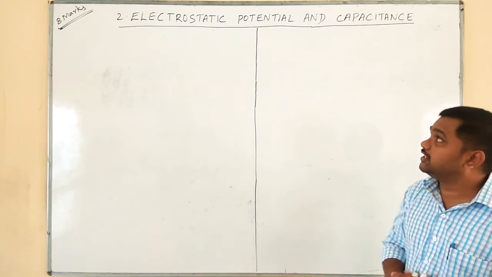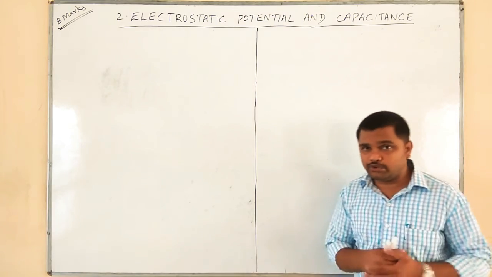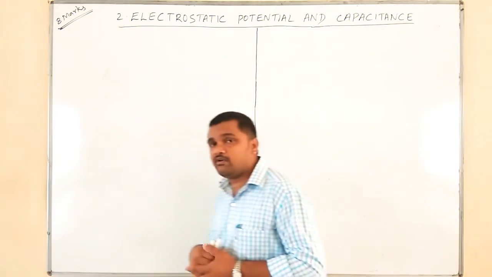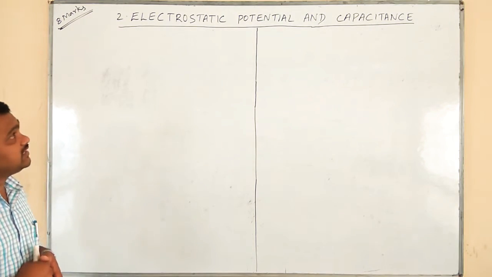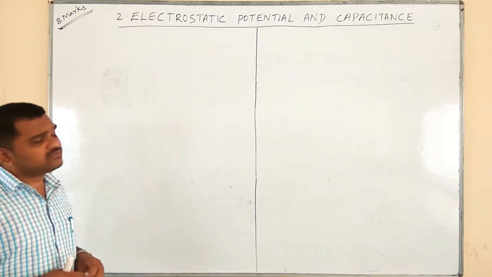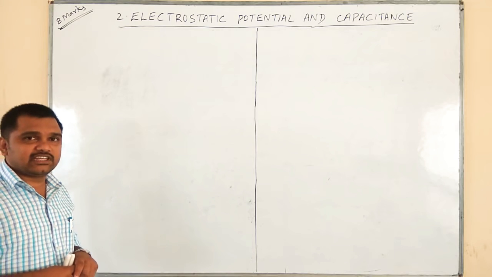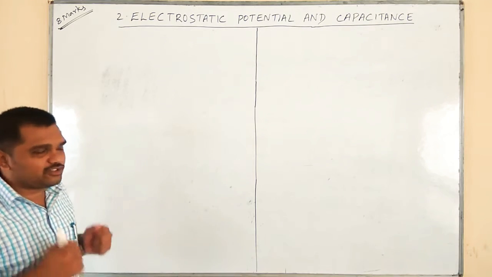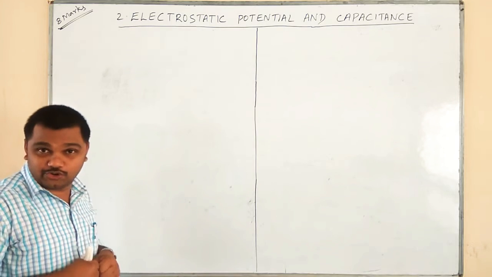See, the word potential is not new to you. I think you might have heard about gravitational potential in your class 11, isn't it? In general, what is the meaning of that word potential? Both the teachers and parents always used to say, hey man, come on, do it, you have that potential to do.